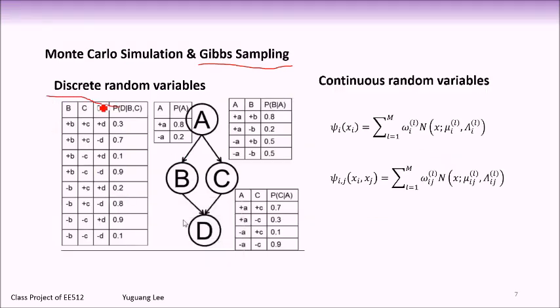So here's an example of Gibbs sampling. Let's say we have a discrete random variable.